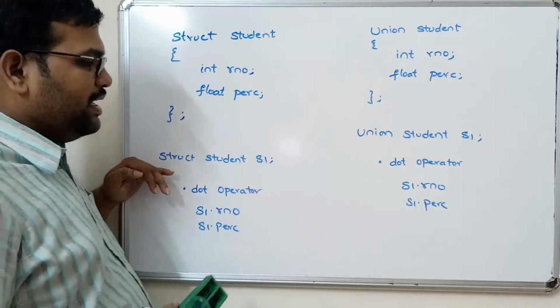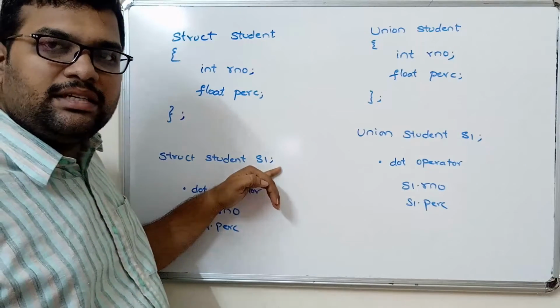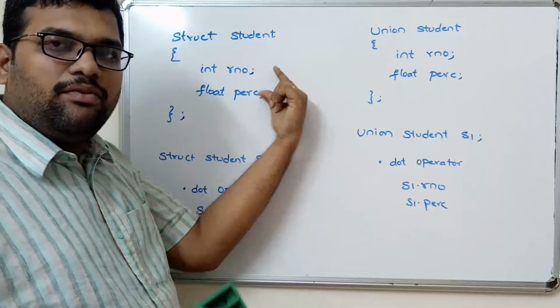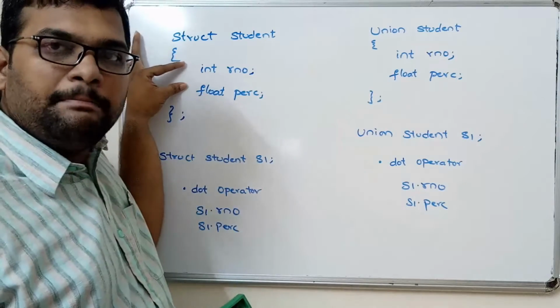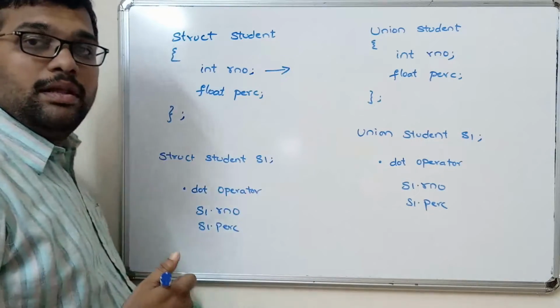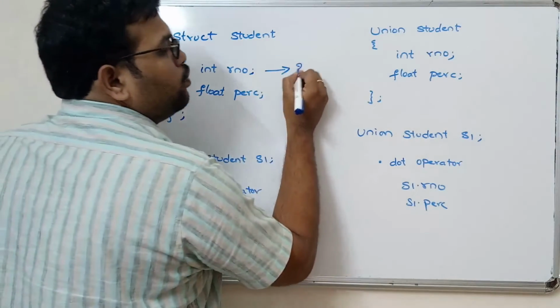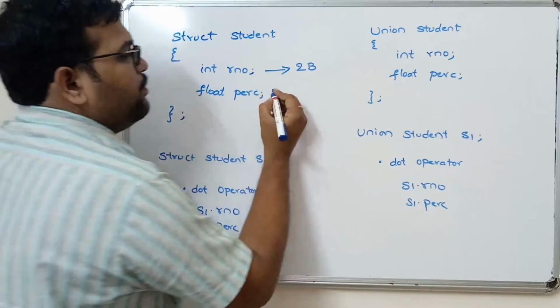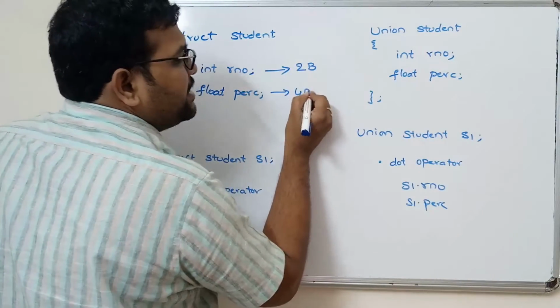In this structure, the memory allocation is the total size of all the individual members of the structure. For integer the memory occupied is 2 bytes, if it is a 16-bit compiler, and for float it is 4 bytes.